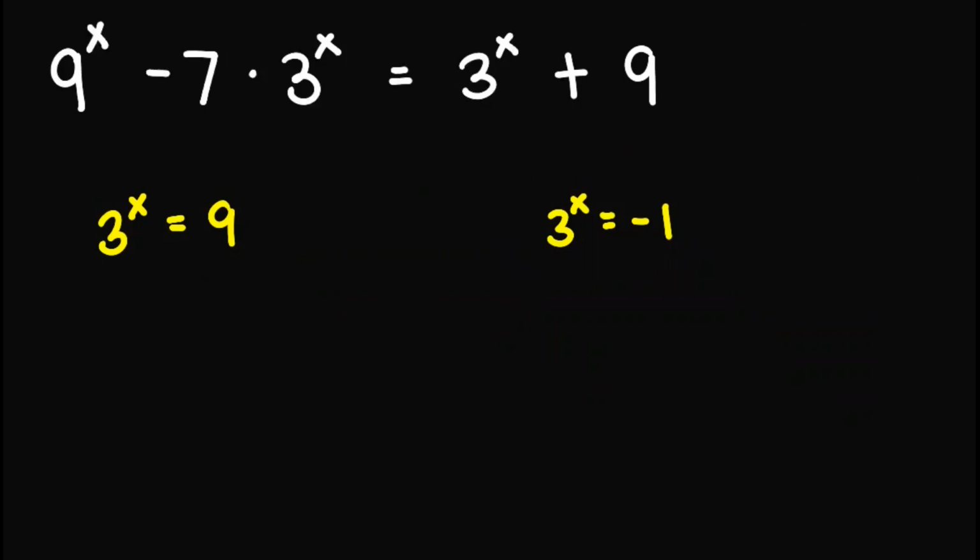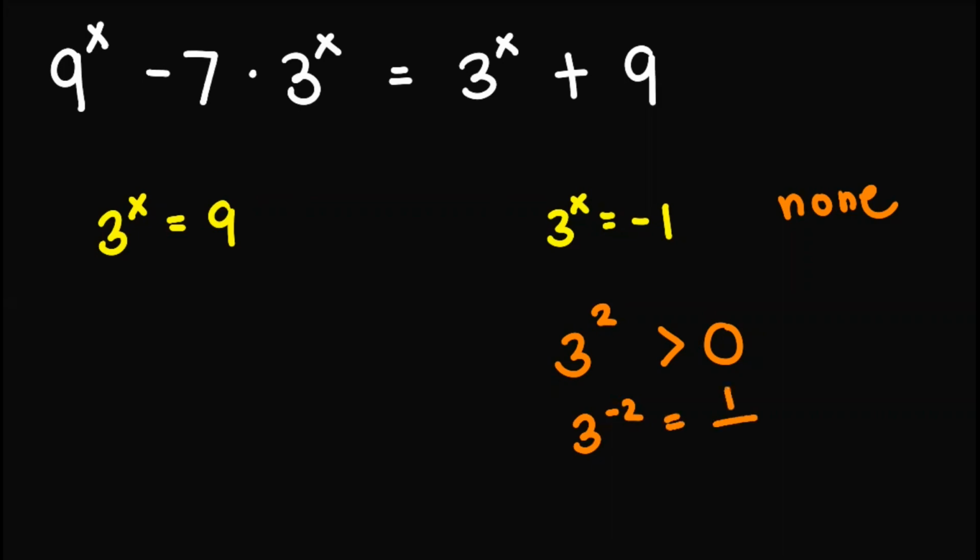So if you ask yourself, what value of x will make this one out here be true? Unfortunately, the answer is none. Since if we have 3 raised to 2, so 2 is positive, the outcome is positive. If we have 3 raised to -2, this is simply 1 over 3 squared.